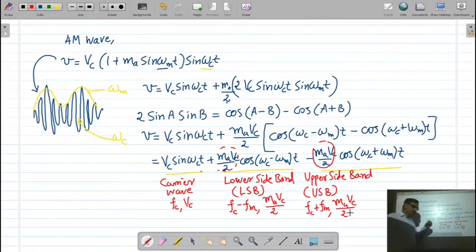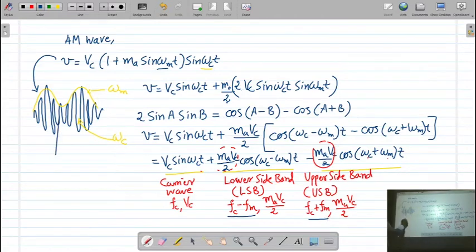So here if you do this kind of analysis, then you will find the modulated wave is not containing only the carrier frequency. It contains two more frequencies, that is Fc minus Fn as well as Fc plus Fn.